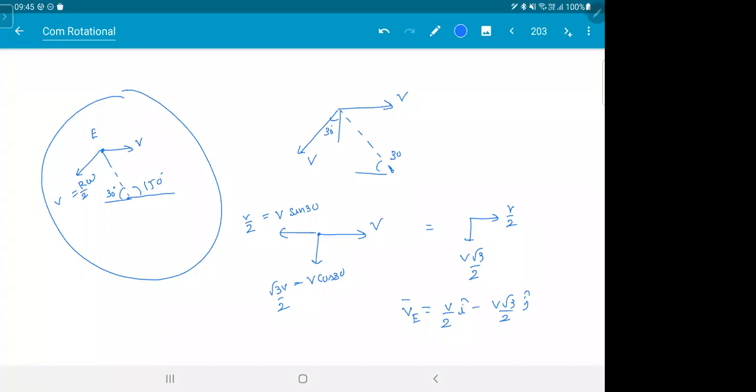That's the velocity of E. Clear with this? Next one.